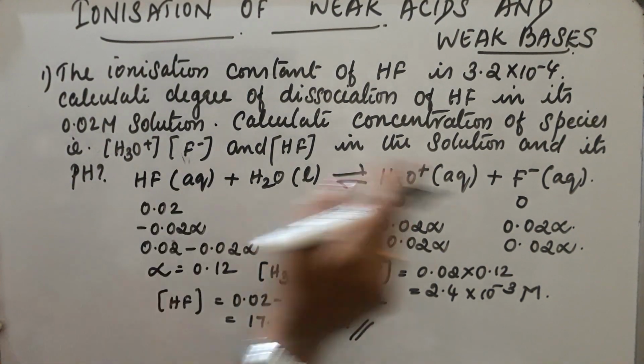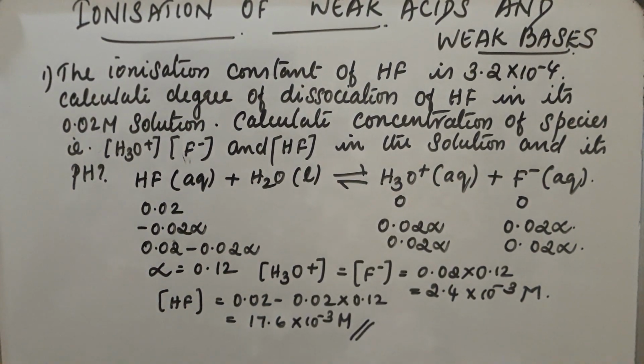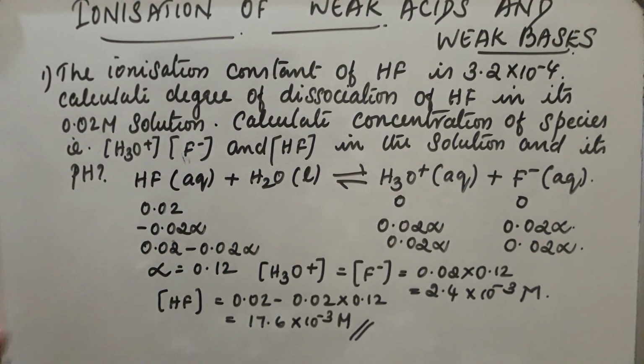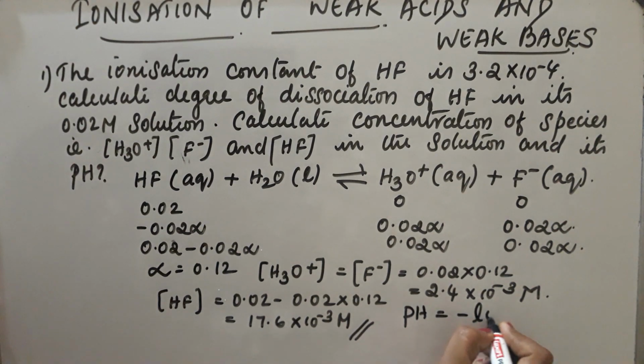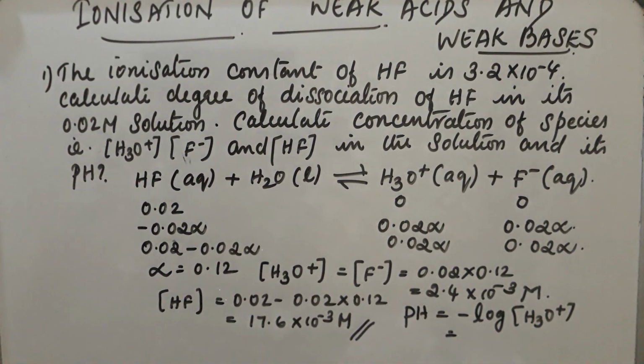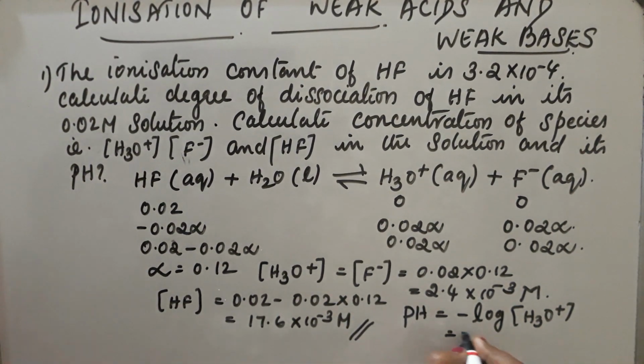So, we got all the concentrations of the species, the reactants and products, equilibrium concentrations we already calculated. Next, at last we are calculating pH. pH is equal to minus log H3O plus concentration. We got the H3O plus concentration, so that is minus log 2.4 into 10 raised to minus 3.